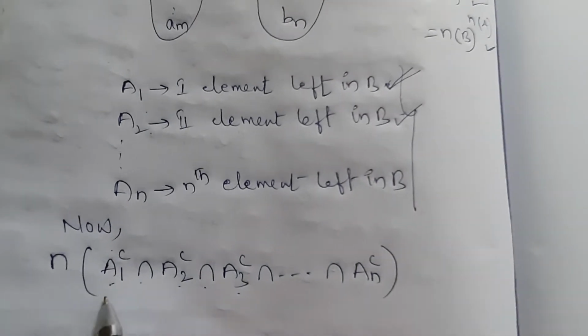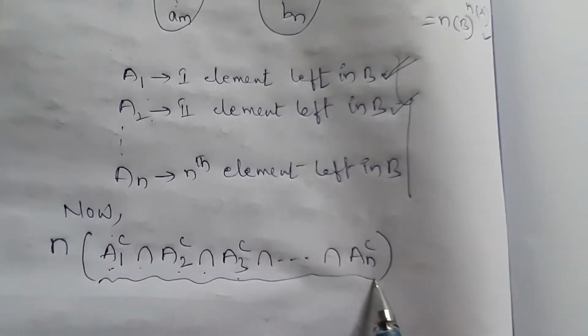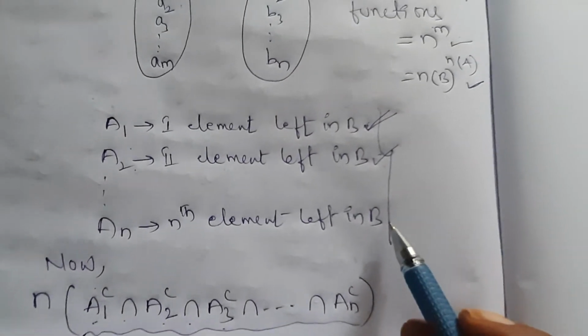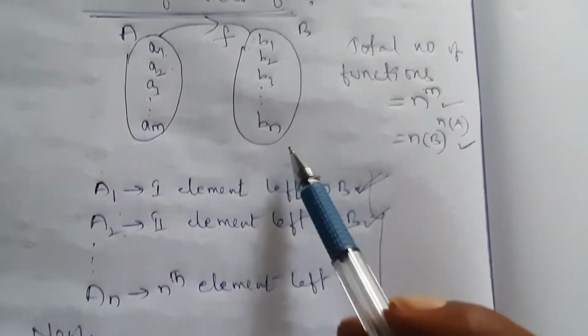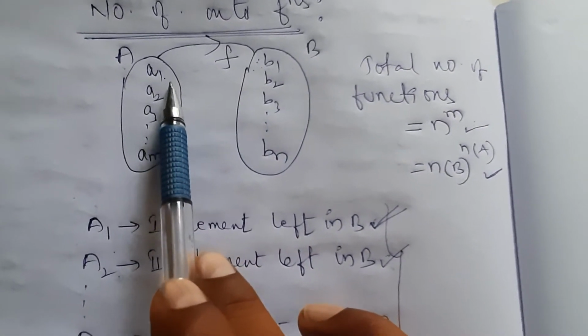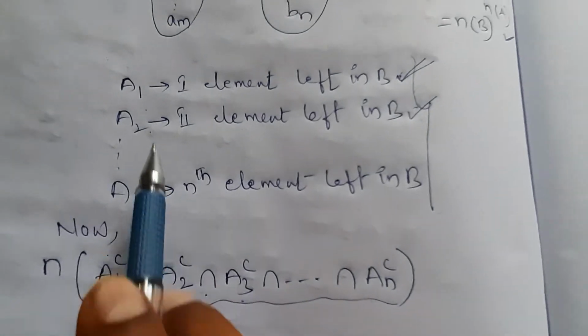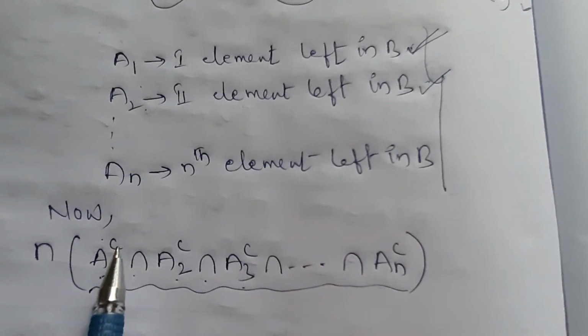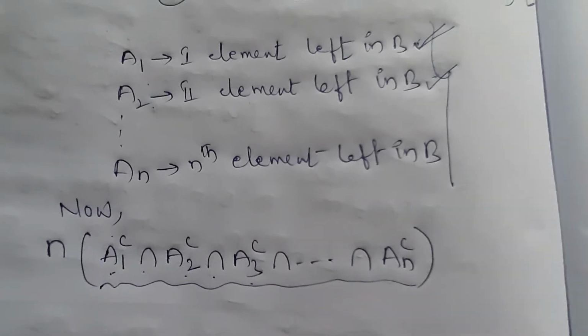Why? Because my required functions are onto functions. Onto functions mean without leaving any single element in the set B, each element has a preimage in A. Due to that reason, A1 means the first element is left in B, but why am I taking A1 complement? Since my requirement is onto functions.